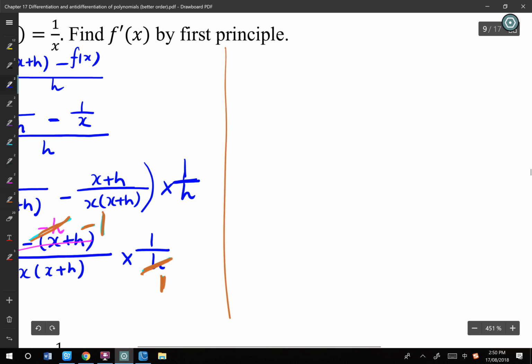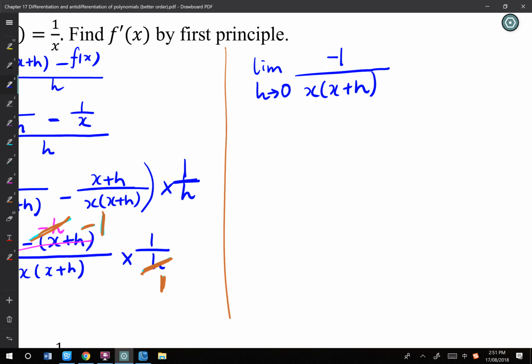So what I have is the limit as h approaches 0 of minus 1 over x times x plus h. Okay, I think a lot of you forget what we learned at the very beginning, in our second lesson. I said when you can substitute, you substitute.